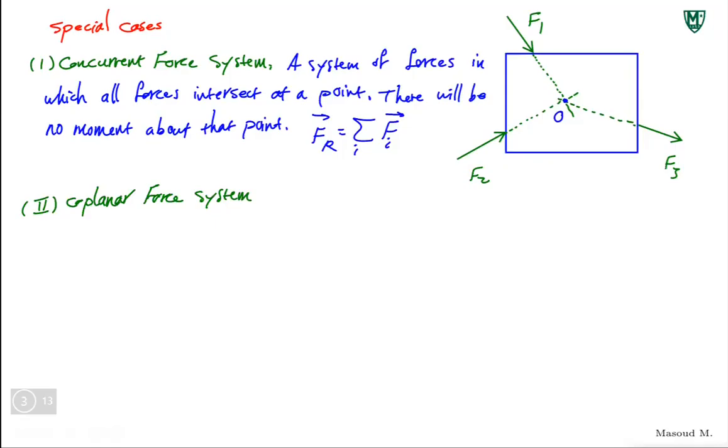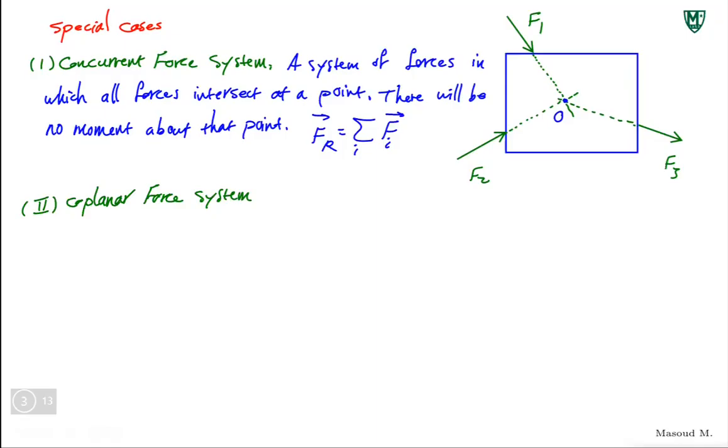So in the coplanar force system, as the name says, all the forces or lines of action of all the forces lie in the same plane. That's the only requirement about this system. Now, obviously you're going to have a resultant force in this case.